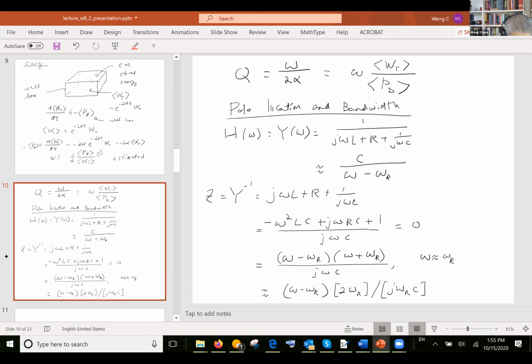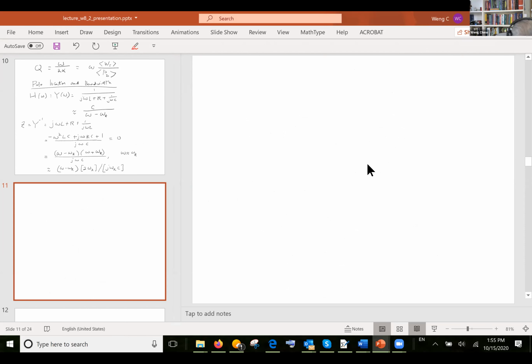And because it's approximately a constant times this, you can show that the Y of omega can be written as approximately a constant divided by omega minus omega r. Okay? So when omega is very close to omega r, the rest you can approximate with a constant. Is this clear to everybody? So in the vicinity of the pole, you can simplify the function to look only like this.